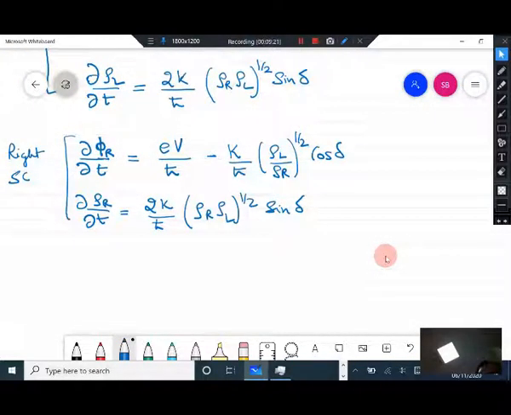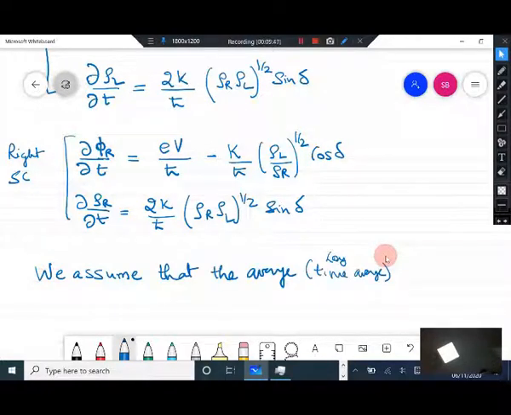Okay, now we assume that on the average, the long time average, rho L and rho R, that means the densities of rho R and rho L, do not change drastically.